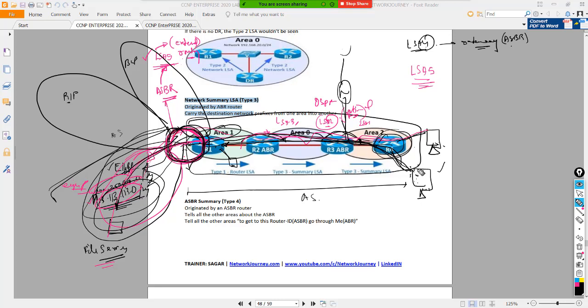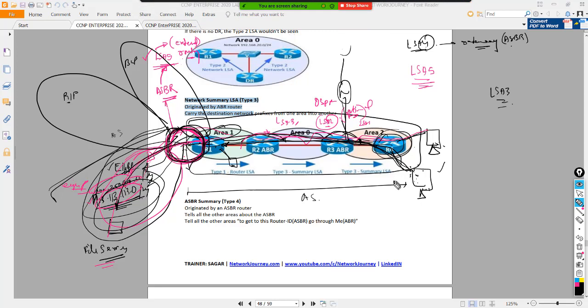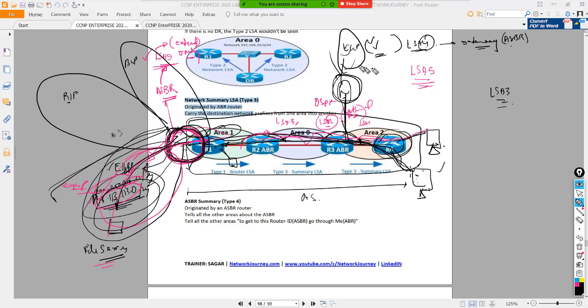So you are good with LSA 3. Now we are talking about external routing. The concern is to reach that external routing, EIGRP. What is the gateway? Which ASBR is going to take the whole functionality to do this delivery? The ASBR could be anywhere. There could be an ASBR here, which is connecting with EIGRP, where there are other networks.